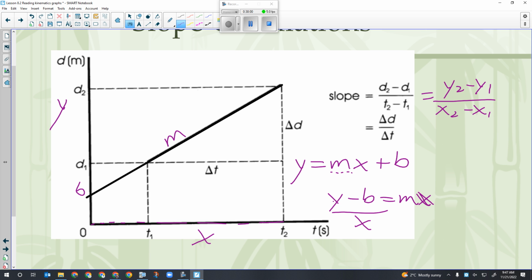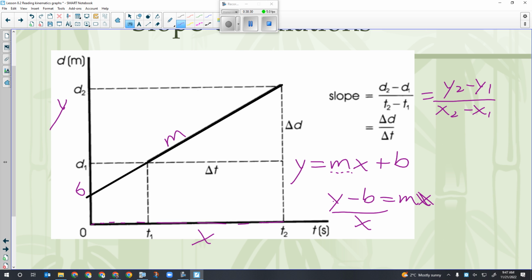Okay, so this is a displacement or position versus time graph, right? So any y value represents the object's what? Position. Any x value represents the time. Okay, because that's what's on the x-axis.